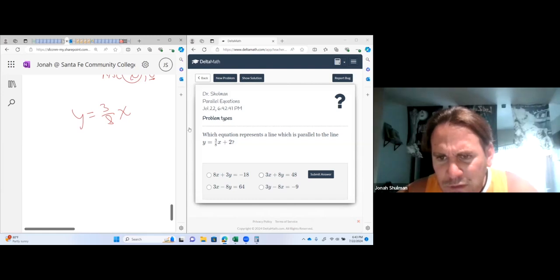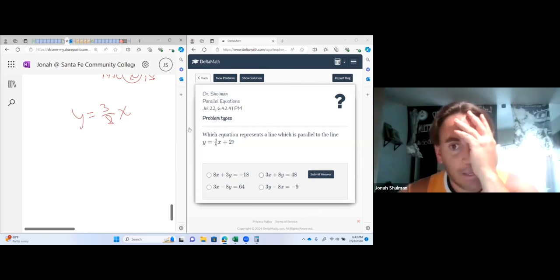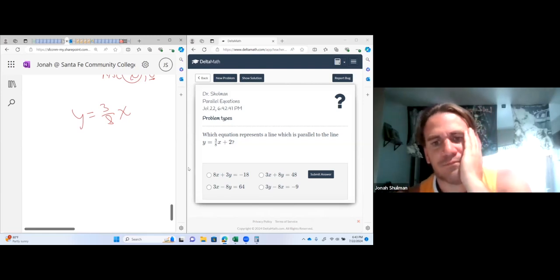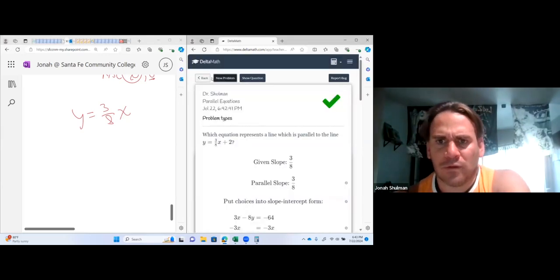And this one's gonna be 3/8. Okay, so this one matches too. So we're minusing the 3, and we're dividing by 8. Oh, it's gotta be negative. It's parallel, so it's gotta be a positive 3/8. That's positive 8/3. That's negative and negative, and two negatives make a positive. It's this one. I was just doing the formulas in my head. Cool.